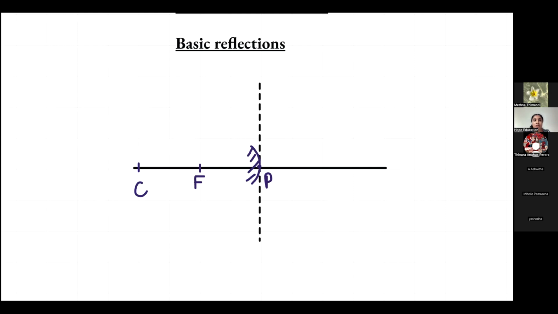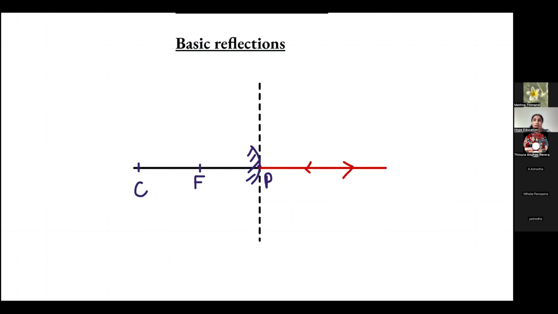First of all, we are getting a light ray along the principal axis. Then this is the mirror. It strikes on the mirror and it will reflect along the same path, like this.